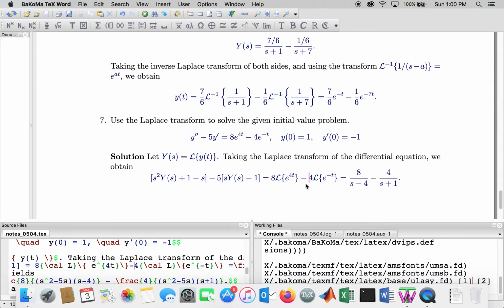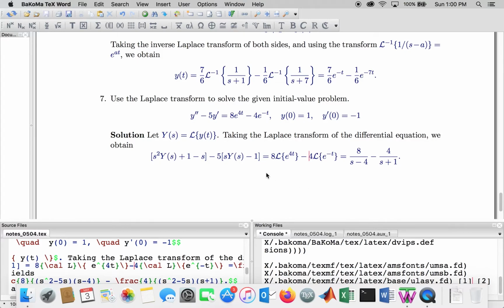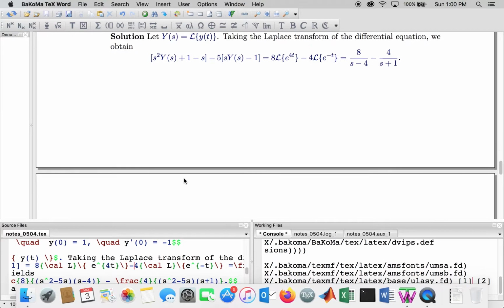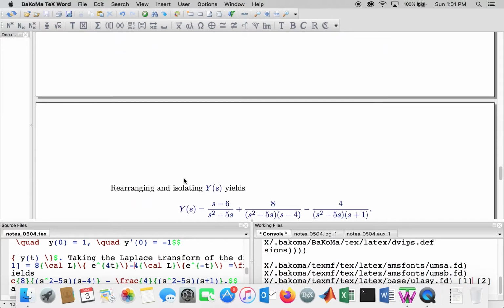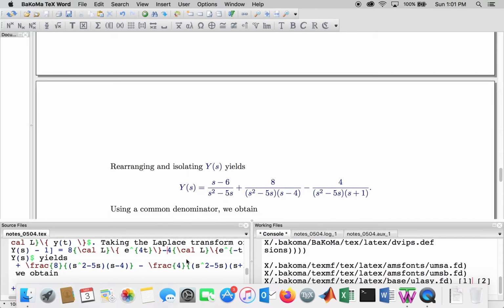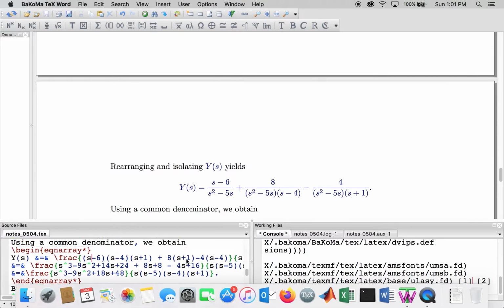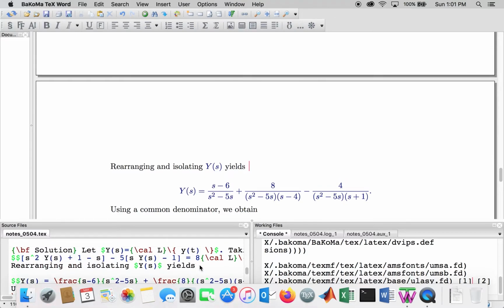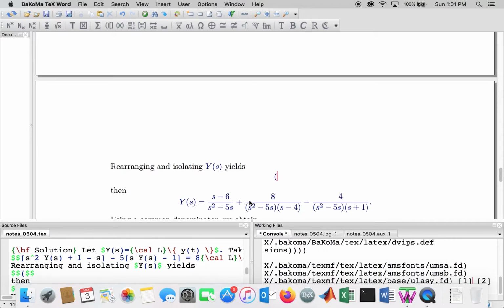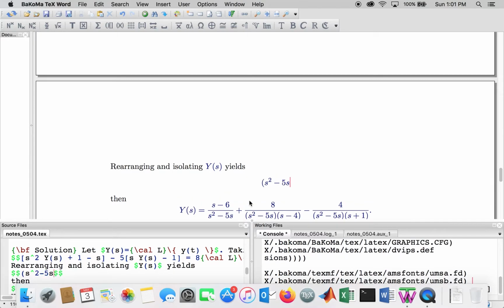Okay. So now what needs to be done, like in the last problem, is take any terms involving capital Y of s, there'll be two of them in this case, group those together and factor out the Y of s. So what I have is s squared minus 5s times Y of s.